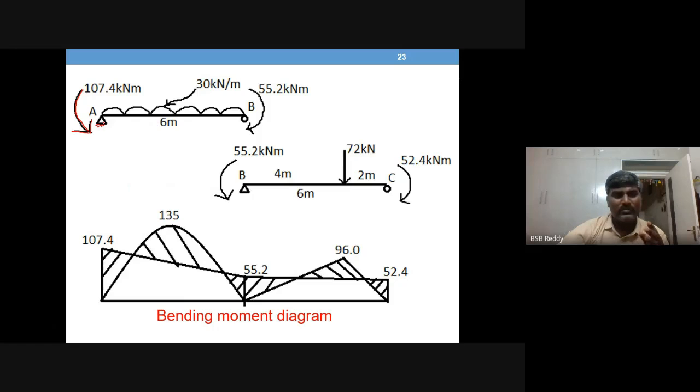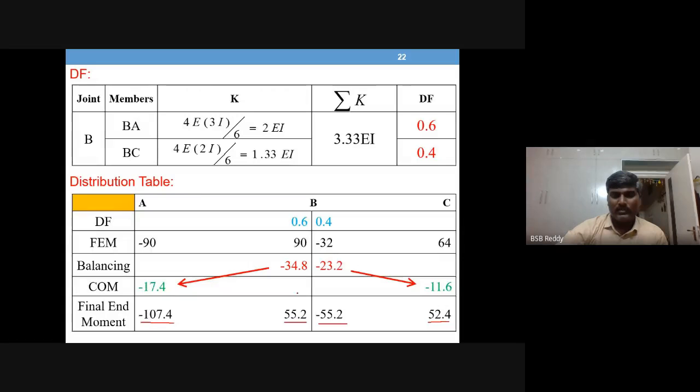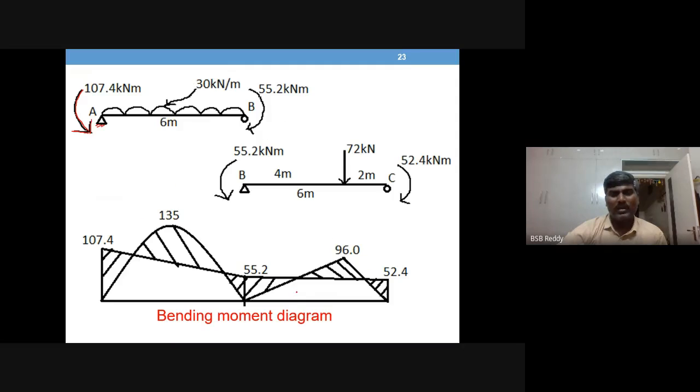Then the moment at B is 55.2 clockwise because it is a plus value. 55.2 clockwise is drawn, and here I have kept a roller just to indicate the simply supported beam.